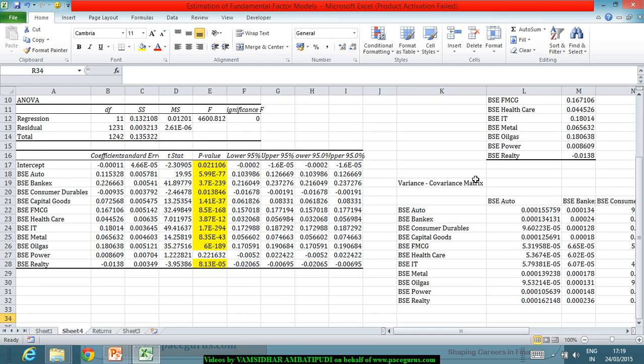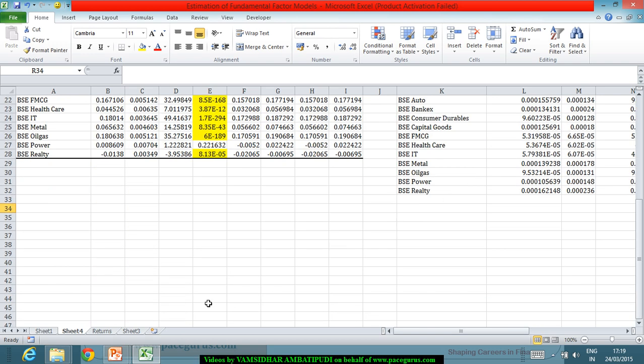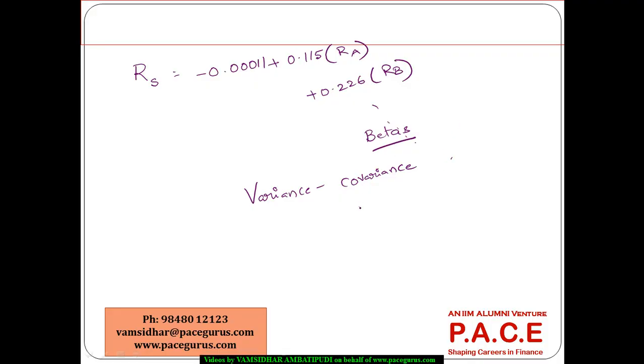Now what is it that we are saying? If I have to look at the variance of the Sensex attributable to the risk factors, all I'll have to take is the beta transpose times the variance covariance matrix times the beta.